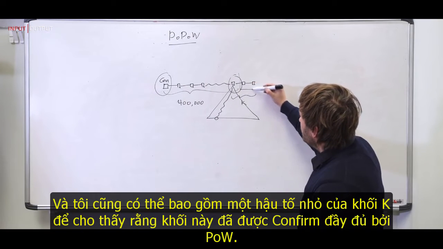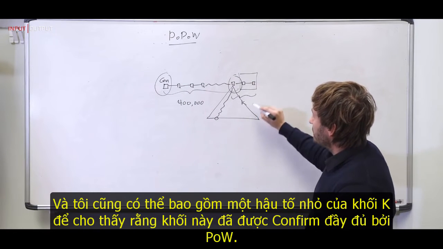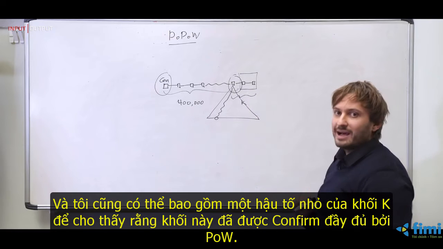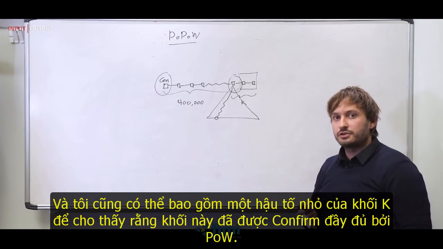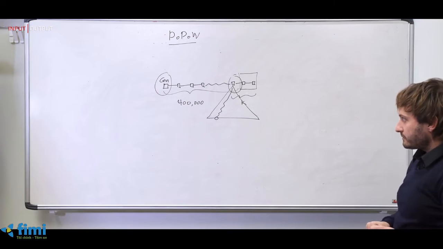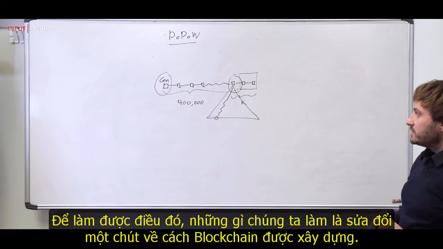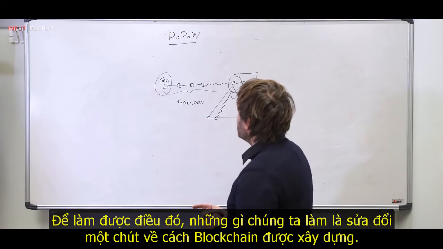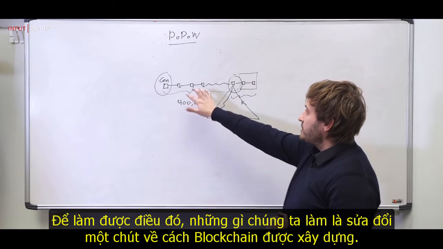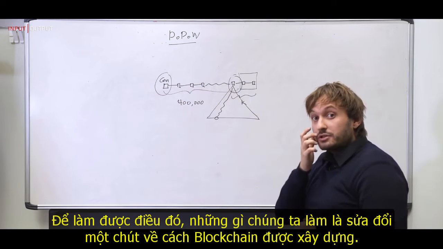And I can also include a small suffix of k blocks to show that this block has been buried under sufficient proof of work. Now, in order to do that, we do some modifications on how the blockchain is constructed.